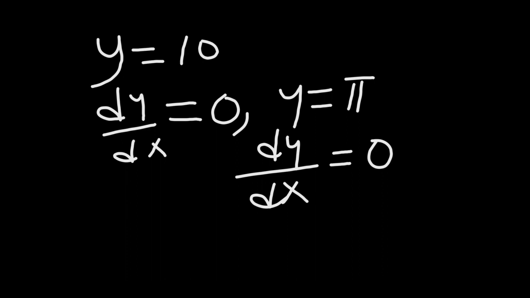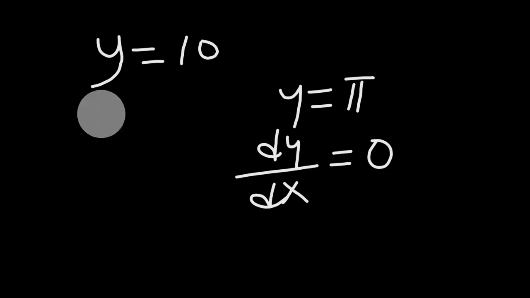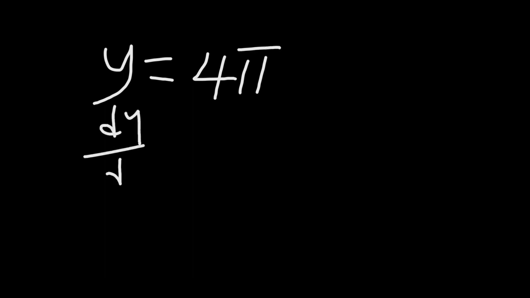We have another function, y equals 4 pi. My dy/ds will give me, 4 is a constant, pi is a constant, so I'll have what? 0. Therefore, anytime you differentiate a constant, you always get 0.